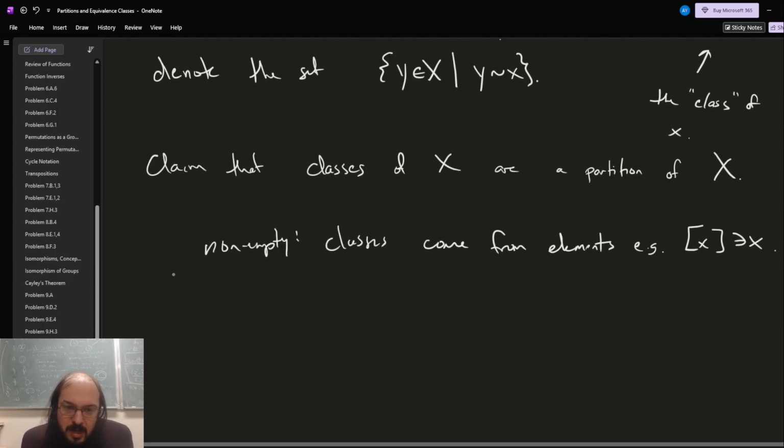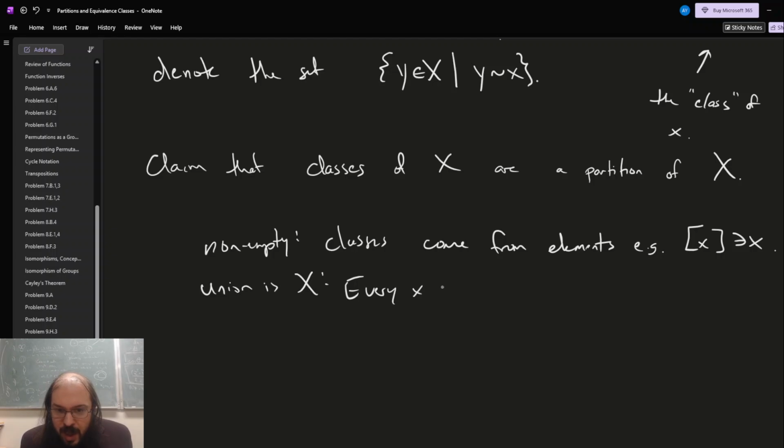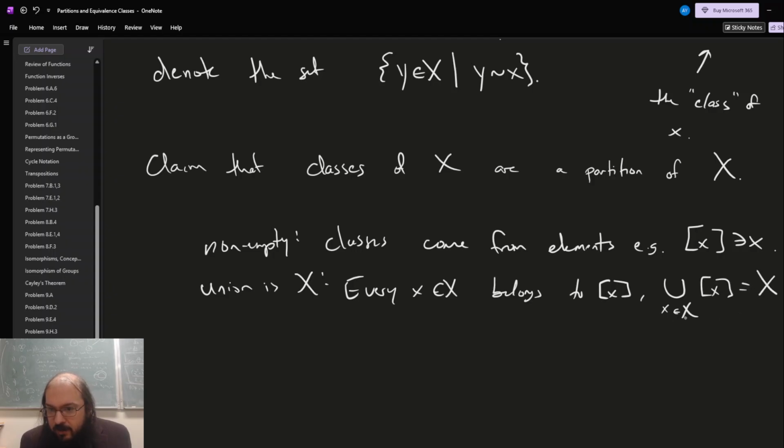The next thing we need is the union is everything. Of course, right? Since every X in X belongs to some class, then the union over all the X's is the big set X. Of course it is, because that would be just grabbing every element at least and putting them all together.